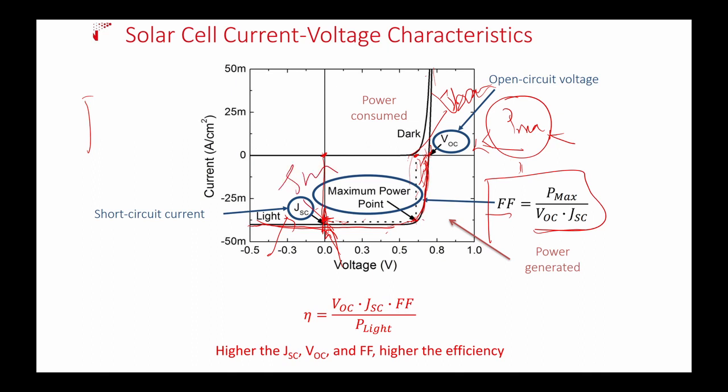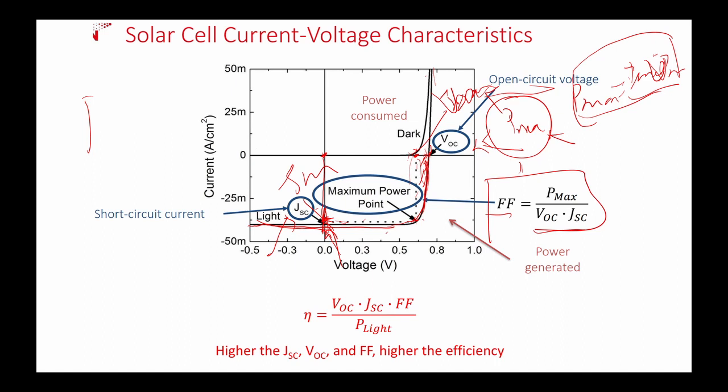V max into J max is equal to P max, that is, I max into V max. This is the maximum power that we can get from a solar cell. We want these two points to overlap.